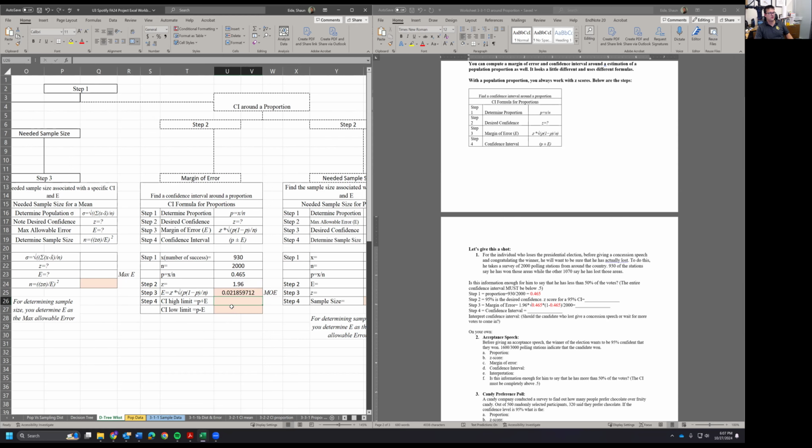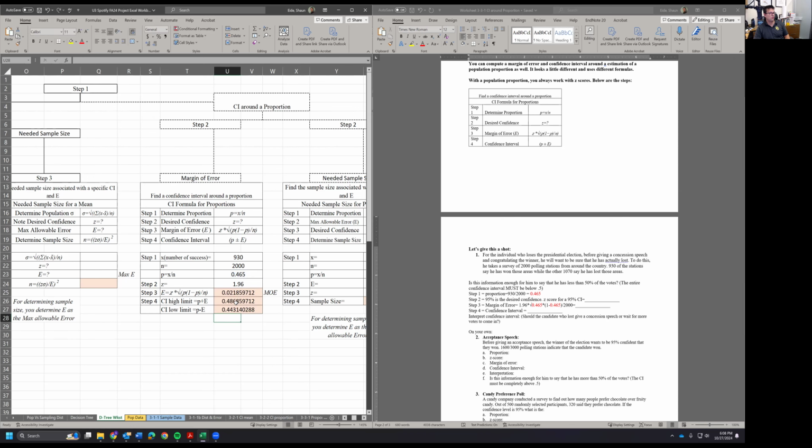So what is the confidence interval? The upper limit is going to be equals the proportion plus the margin of error, and the lower limit equals the proportion minus the margin of error.